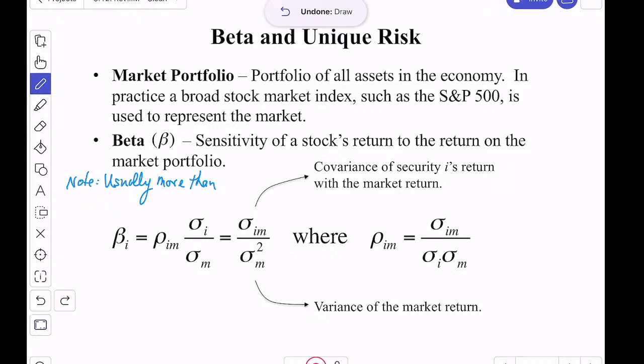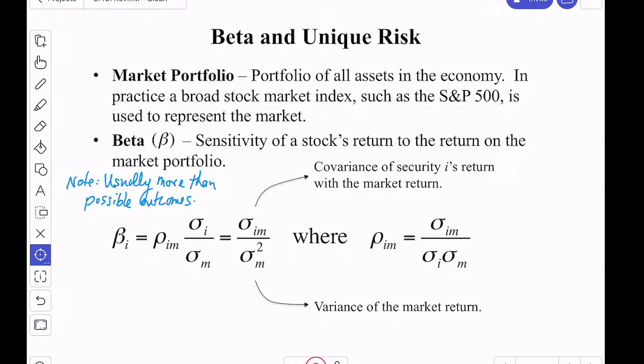More than 2 values or possible outcomes, let's say that. And so we use statistics to estimate the slope. We don't just do change in y over change in x.